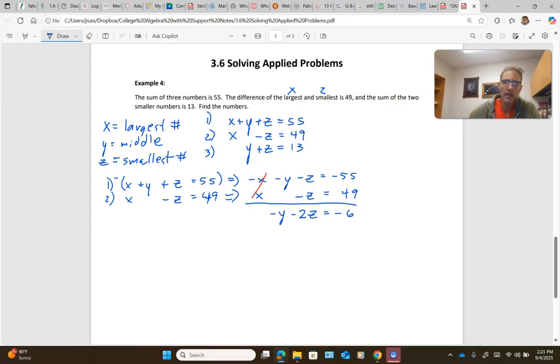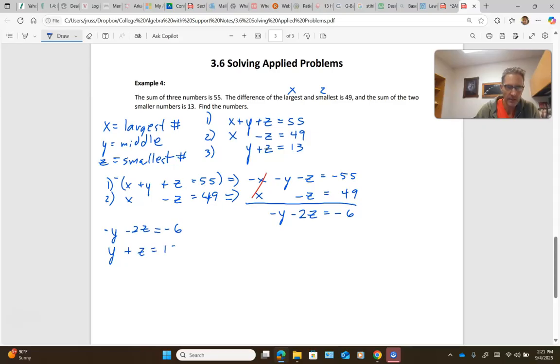So again, this is sort of like my intermediate equation, but with these, I can now pair this one with equation 3 because it has exactly a y and a z, and proceed to eliminate either y or z. Okay, so I'll rewrite that equation that I just obtained. And now I'm going to pair it with number 3.